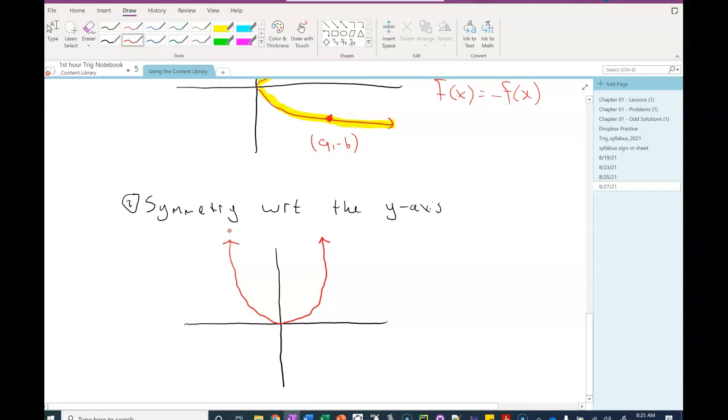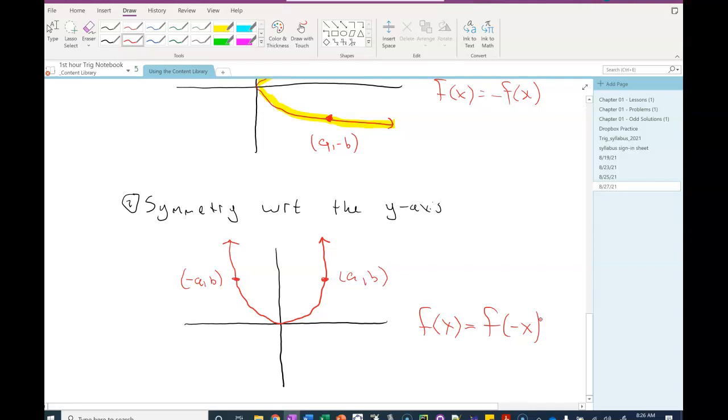Everybody's okay with that? That there's basically now the mirror, instead of being the x-axis, is the y-axis. What this is saying then is if this is the point (a, b), this would need to be the point (negative a, b). Or in general, that f of x needs to equal f of negative x.